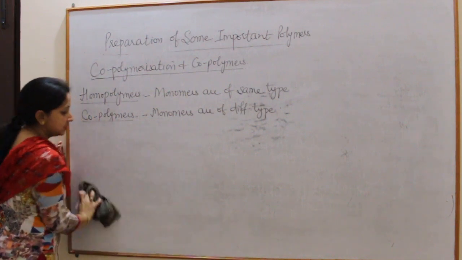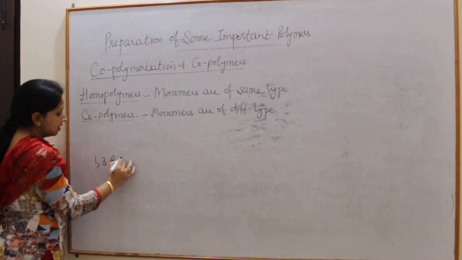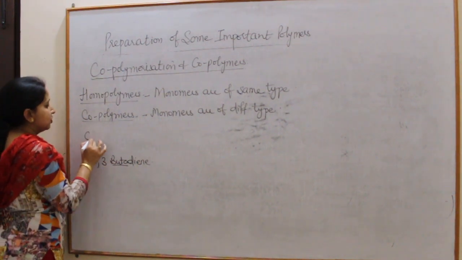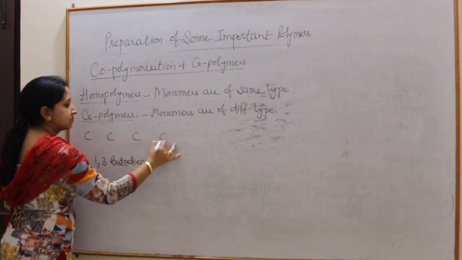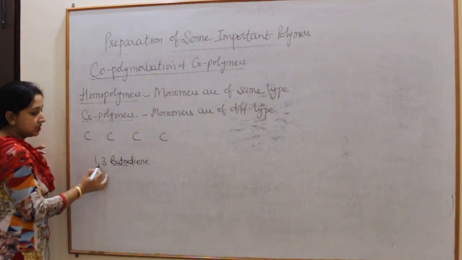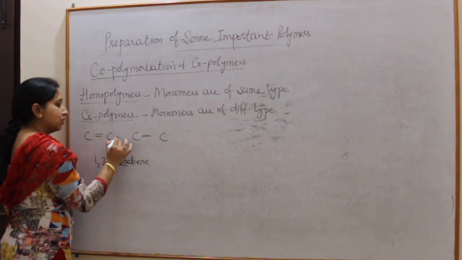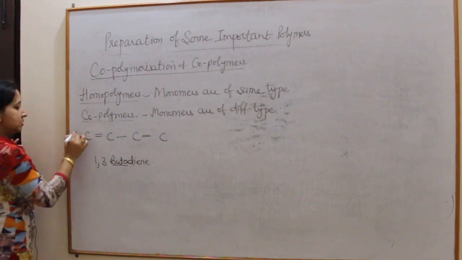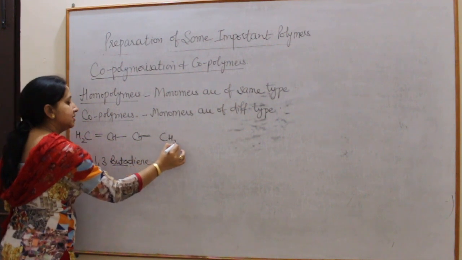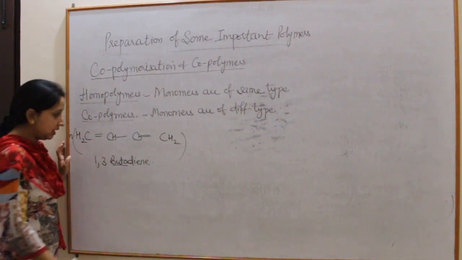So we have to draw the structures of the monomers. First monomer was 1,3-butadiene. But means we have 4 carbons. Diene, it contains 2 double bonds at which positions? 1 and 3. This is 1 and this is 3. So here it will be a single bond. So according to the valency, it will contain CH2, CH, CH, CH2. So this is your 1,3-butadiene.